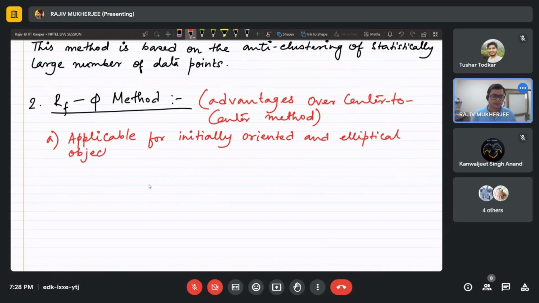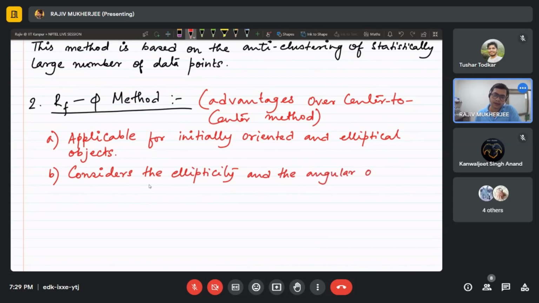Number two, it considers the ellipticity and the angular orientation of each marker.